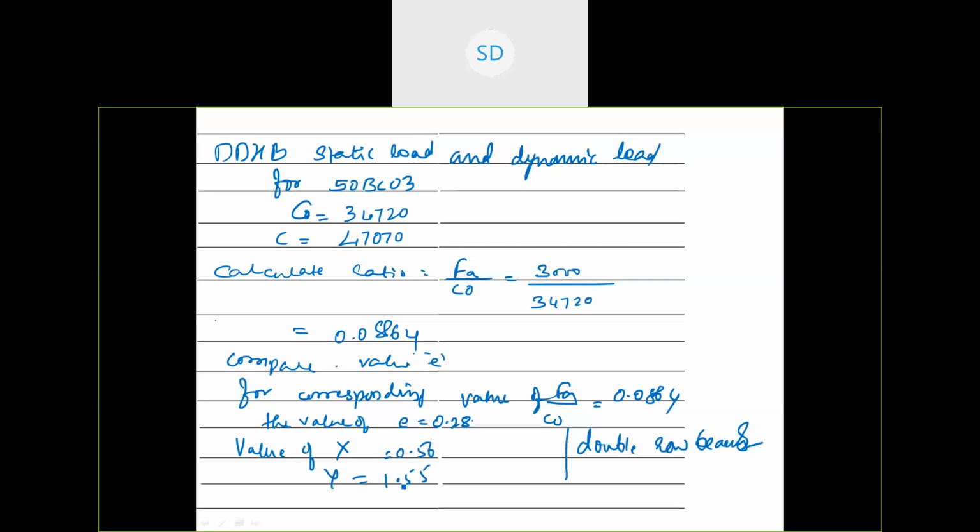Now let us calculate the equivalent load again. So P equal to (XVFR plus YFA) into CS. Someone here calculated 10012.4. Right. Next, bearing life.